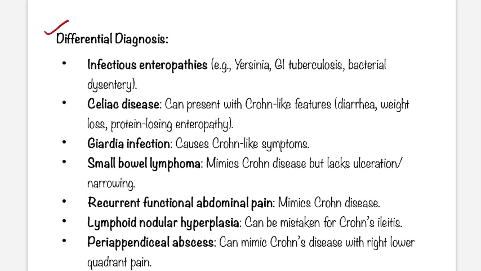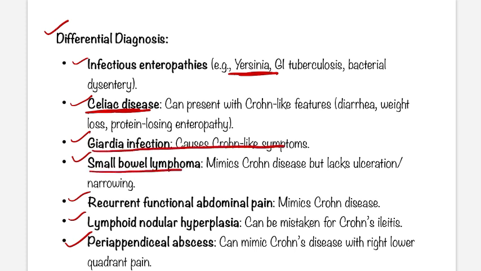For the differential diagnosis, as we saw earlier in ulcerative colitis: infective enteropathies, celiac disease, Giardia infection, small bowel lymphoma, recurrent abdominal pain, lymphoid nodular hyperplasia, and periappendicular abscess. Just remember, Yersinia enteropathy sometimes mimics Crohn's disease, celiac disease sometimes mimics Crohn's disease, Giardia infection causes Crohn-like symptoms, very important.